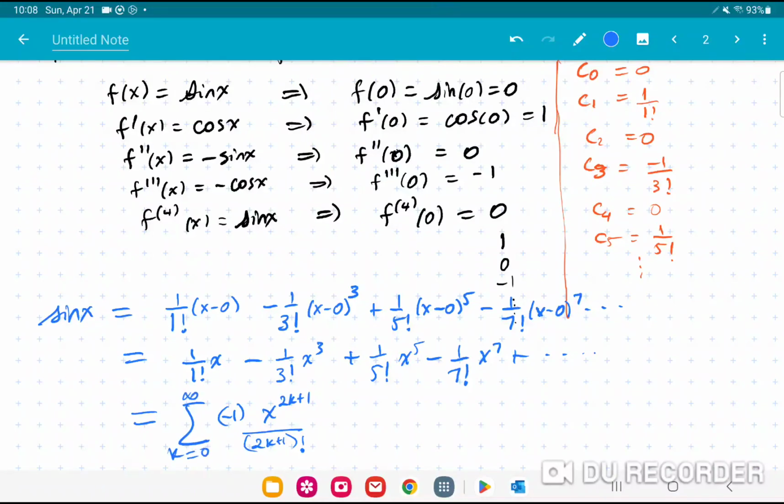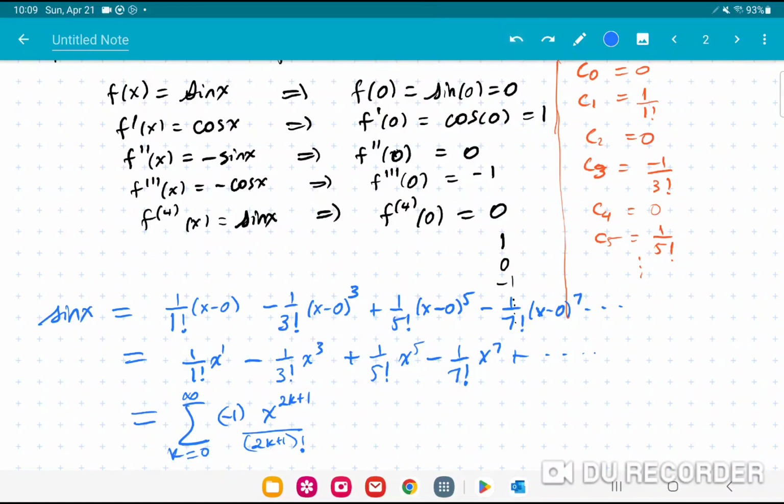Now, when k is 0, 2k plus 1 is 1. That means that the exponent is 1, and we're looking at this term when k is 0. When k is 1, 2k plus 1 is 3, so we're looking at this term when k is 1. Then k is 2 and k is 3. Okay?